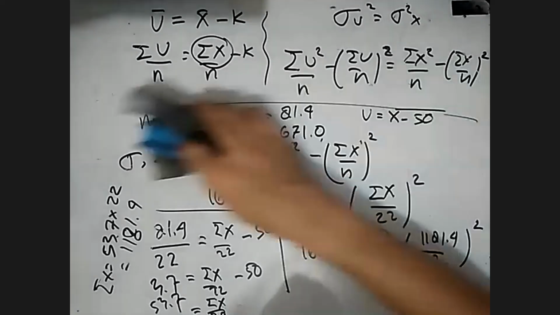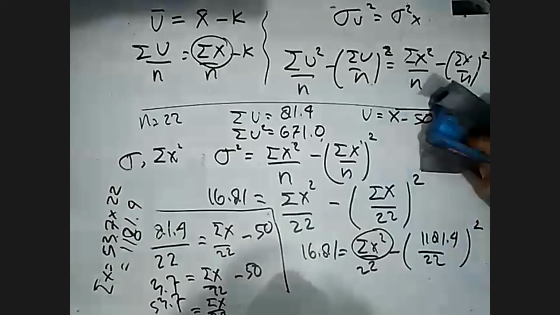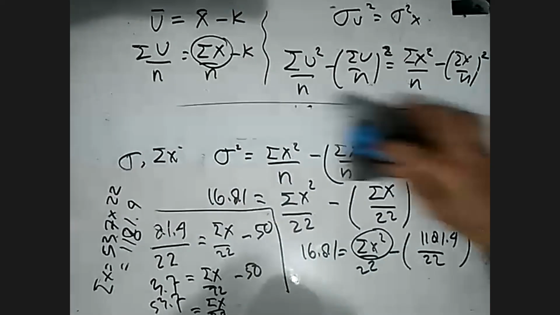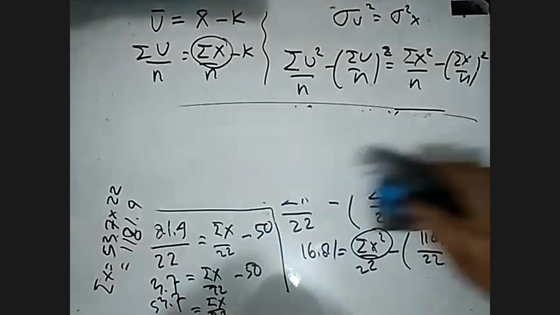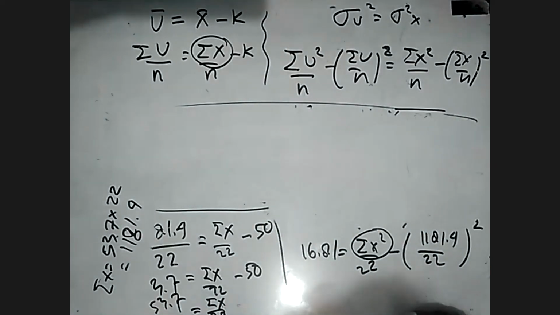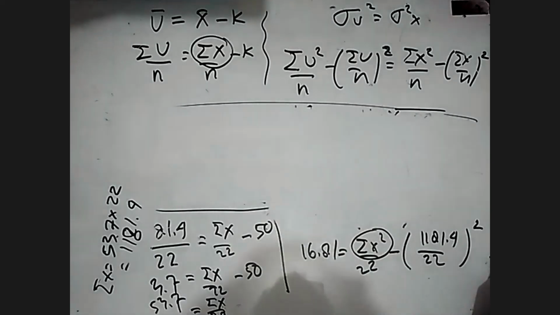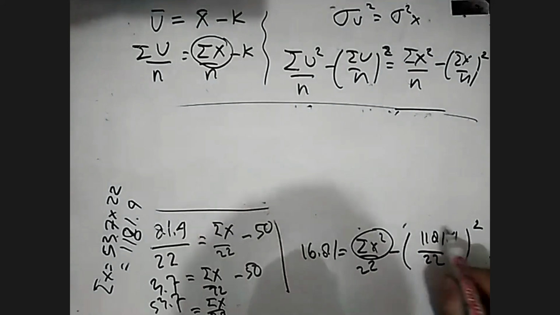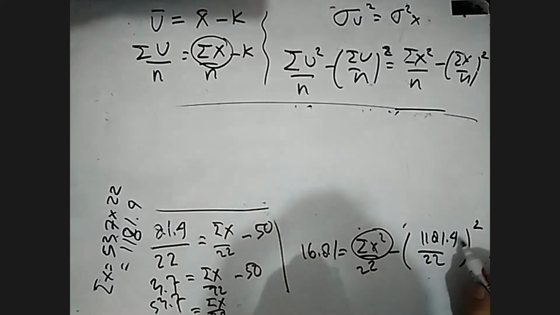I'm going to erase this data here. Tell me what to do step by step, and I'm going to write it for you. The first thing to do is calculate things in the bracket. Please calculate what is 1181.4 over 22.